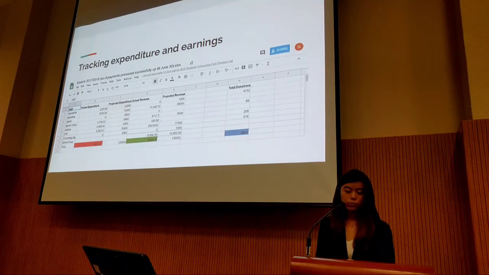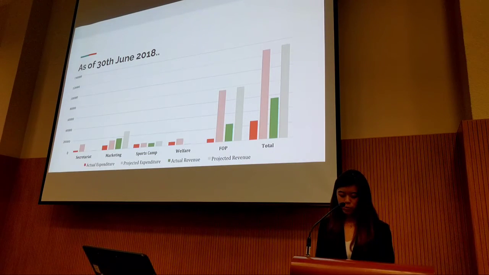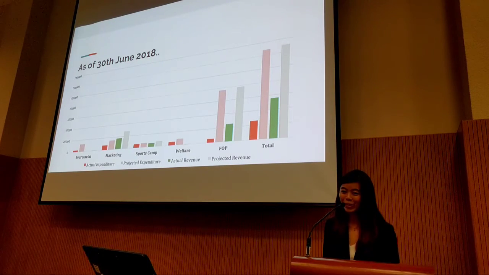To end off, this graph shows the overall breakdown of the projected and actual income and expenditure for the various cells. Although this only reflects payments successfully processed as of 30th June, with the incoming reimbursements and income, especially from the FOP recently, we will see more money in than money out. And so I'm happy to say that we are still overall in the green. Thank you.